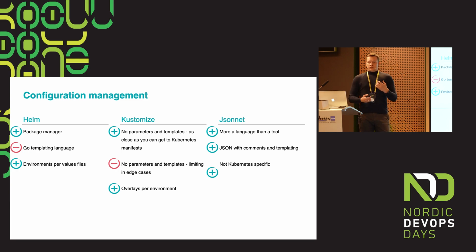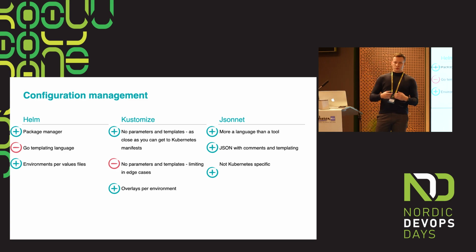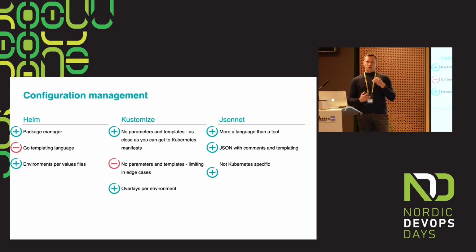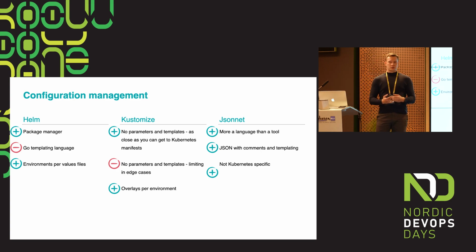Right, so we have environments in our Git repo. But if we want to introduce some kind of change to our application and have it reflected in all of the environments, copy-pasting our changes into all of them is really inconvenient. So that's why we also use configuration management.